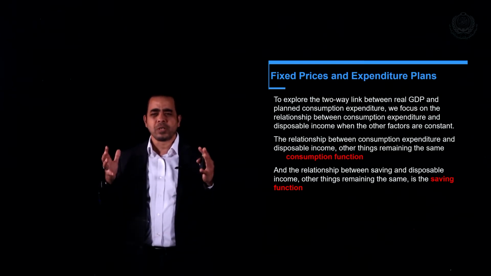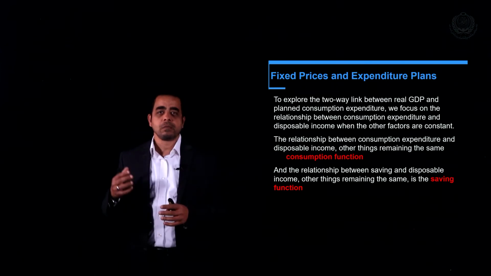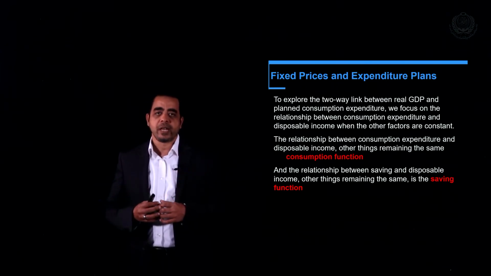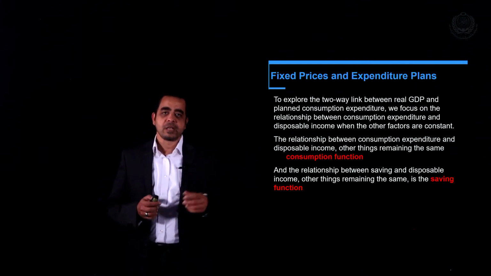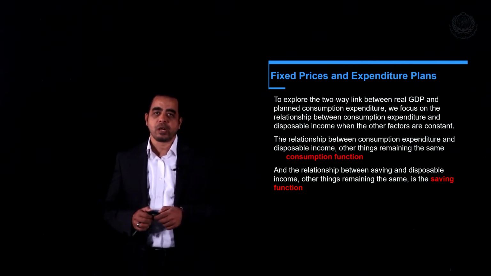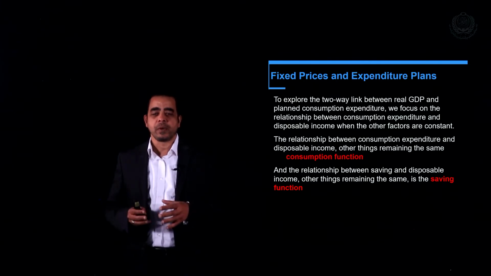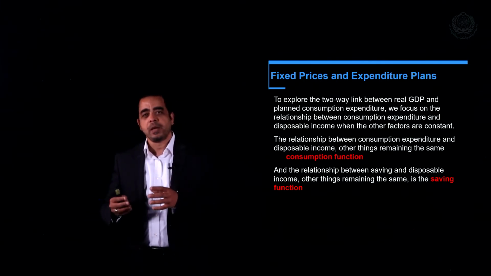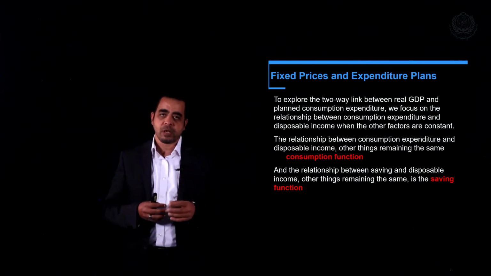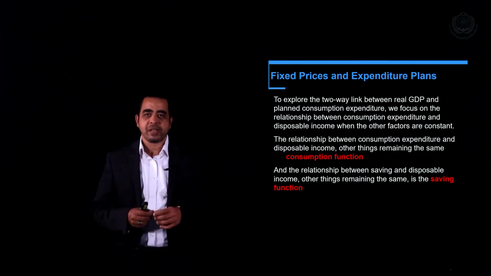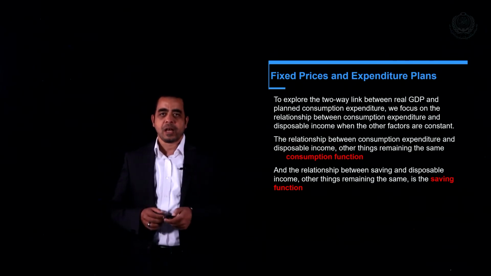So in order to understand the relationship between consumption and disposable income, and on the other hand, the savings and the disposable income, we're gonna construct a simple formula that describes the relationship between the disposable income and the consumption in one term, and the disposable income and the saving in the other term.